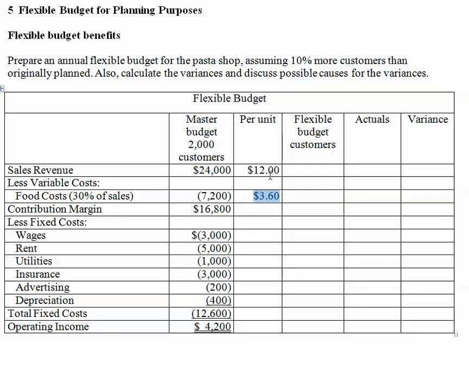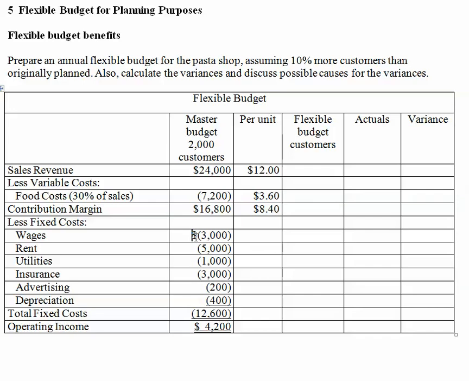Again, it's 30% of your sales, but in this case, 7,200 is what we had intended to incur for 2,000 customers. So for every additional customer, it will cost $3.60. That gives us our contribution margin per customer, and that's $8.40. So every time you have a customer, you have $8.40 that will help to contribute to covering your fixed costs.